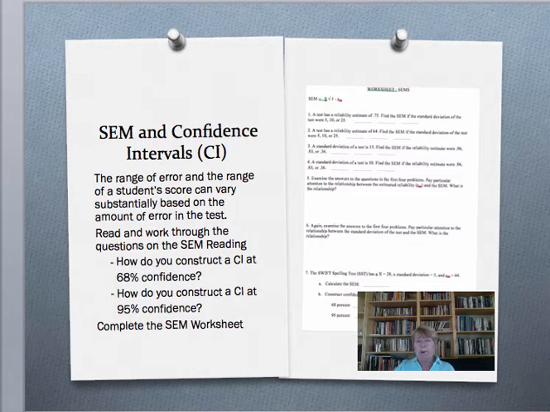But now if I want to be more confident, if it's an eligibility decision, I construct a confidence interval at 95%, and I see that the range in which your true score is likely to fall is now somewhere between 80 and 100. Now 80 places you more than 1 standard deviation below the mean. It places you in the low average range or the below average range.